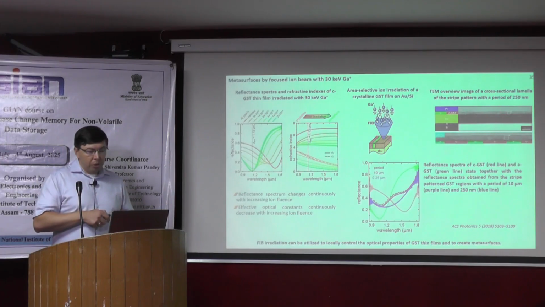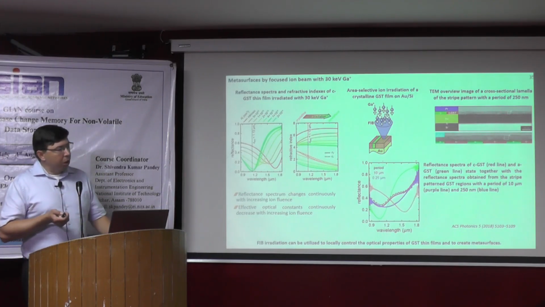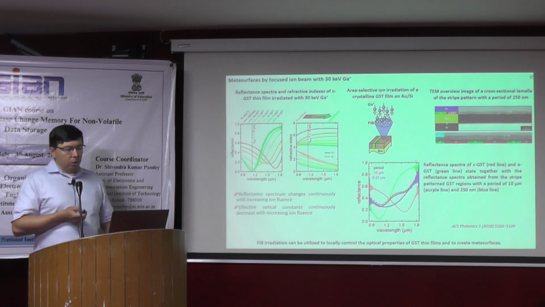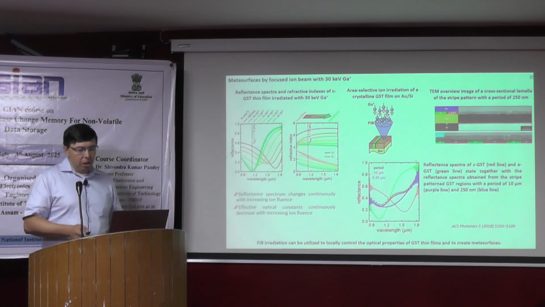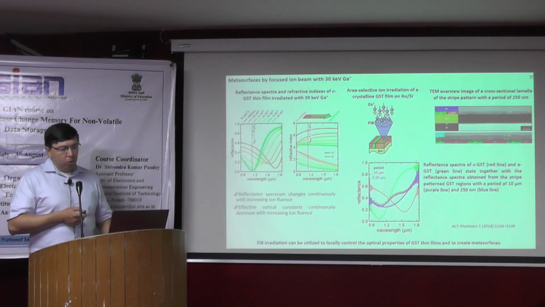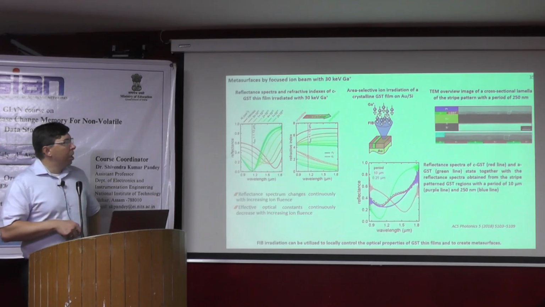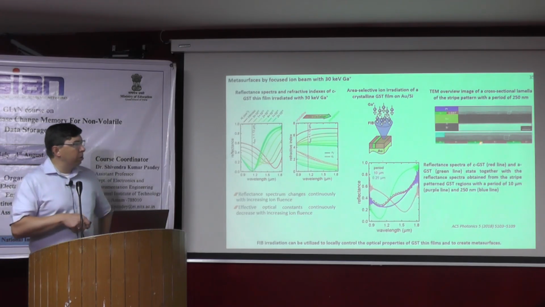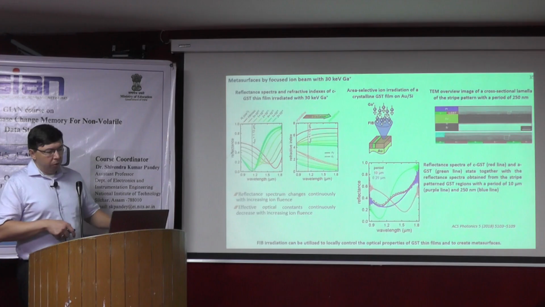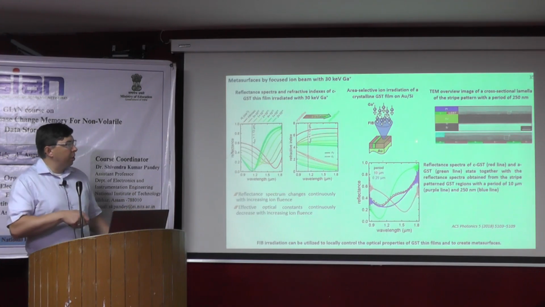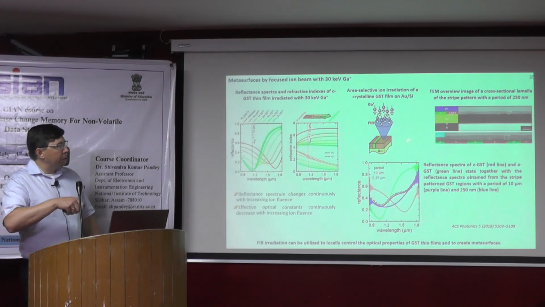So what are metasurfaces? A metasurface is a two-dimensional artificial material consisting of sub-wavelength structures arranged in a planar or 2D pattern. By using such a focused ion beam, you can make lines of crystalline and amorphous material; this is the top view, this is the cross-section, crystalline and amorphous. You can create a two-dimensional pattern of structures arranged in a plane here.